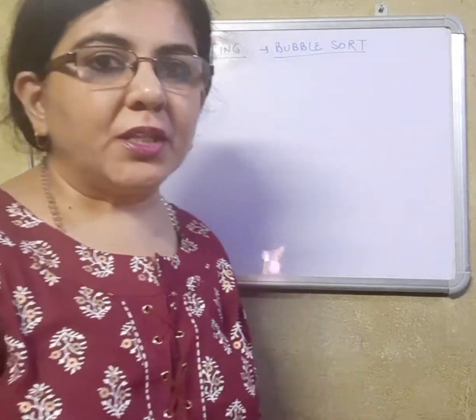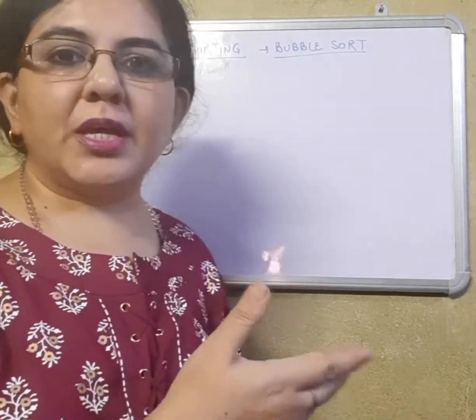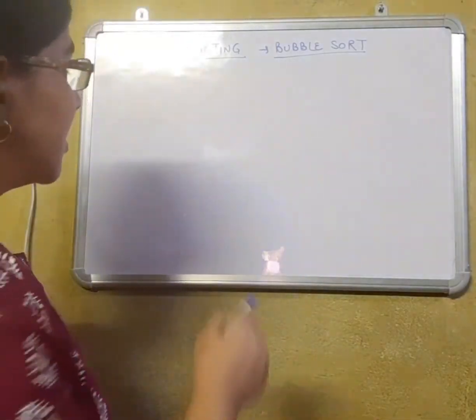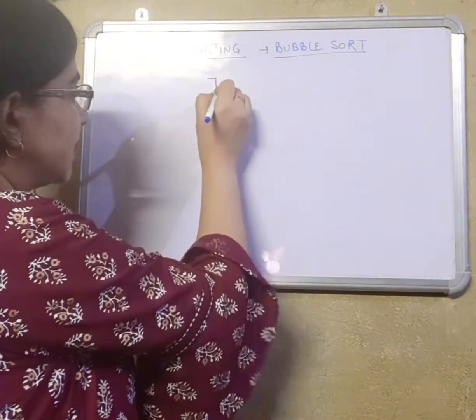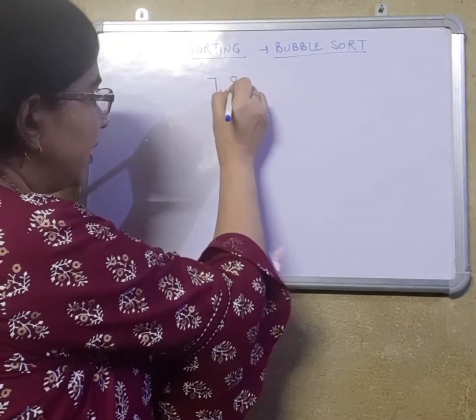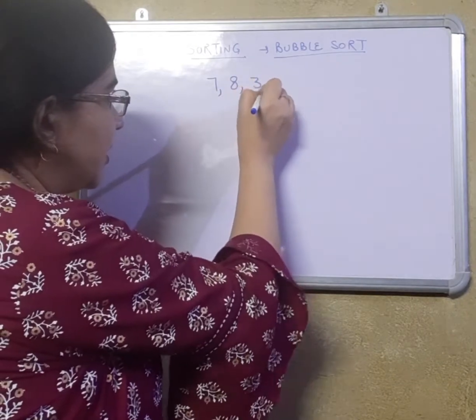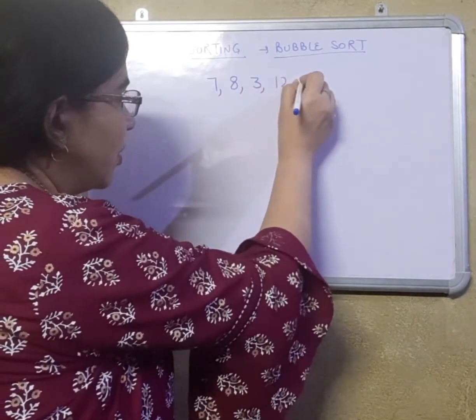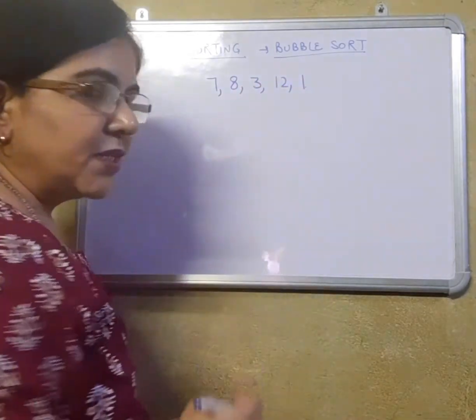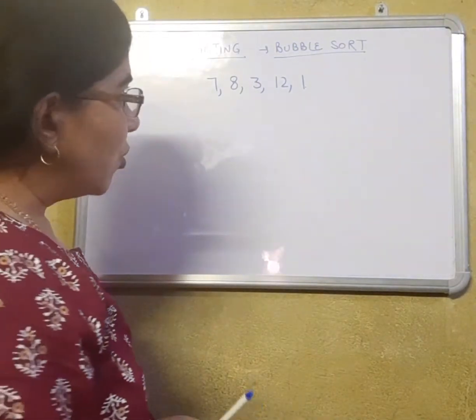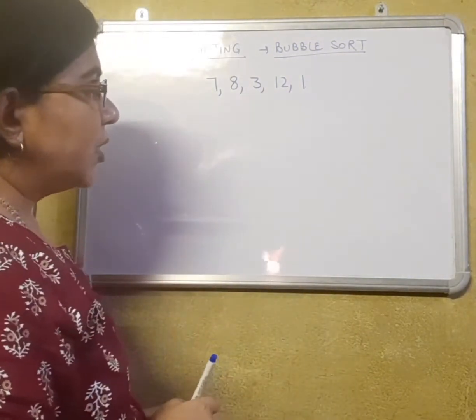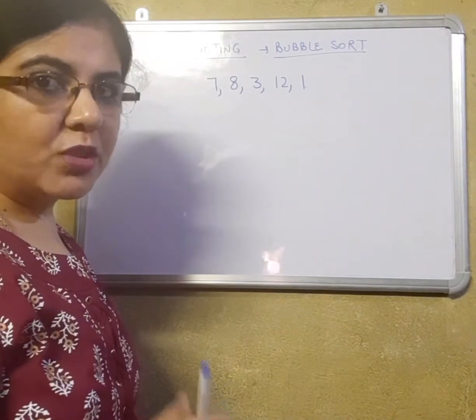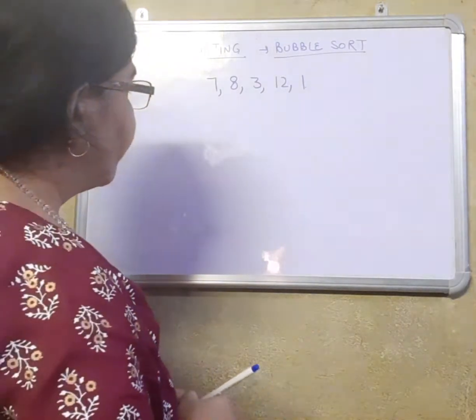Now before I write the program, let's see how the elements are arranged. Suppose we have some elements in our array: 7, 8, 3, 12, 1. 5 elements are there, and in order to arrange them in ascending order, what steps are to be taken?